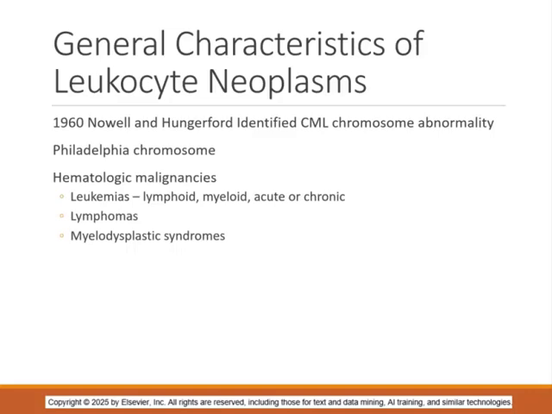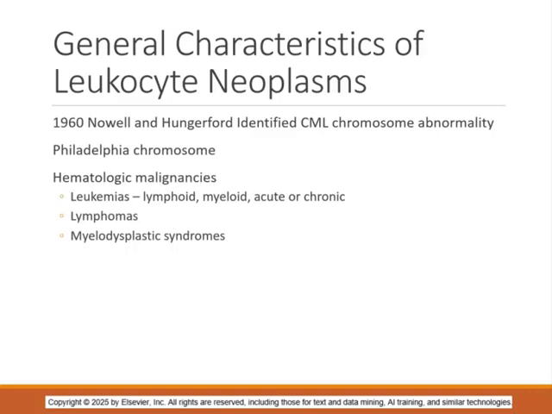So generally, with leukocyte neoplasms, we're talking about leukemias right now, not lymphomas. One of the first things we found out, with chronic myelocytic leukemia, was that most of the neoplasms and malignancies are due to some molecular problem, some kind of chromosome abnormality.